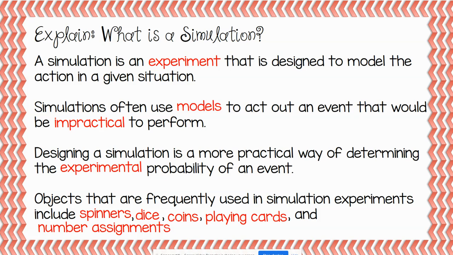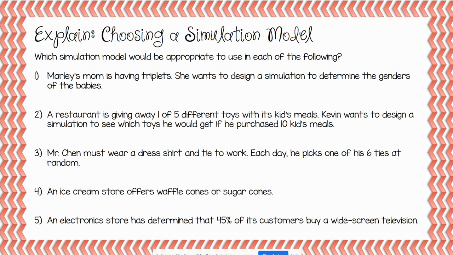Which of those could be used to have just two outcomes? We know that coins can be used because coins have exactly two outcomes, and that's what we're looking for here. So a coin would be the best model to use for this particular experiment.